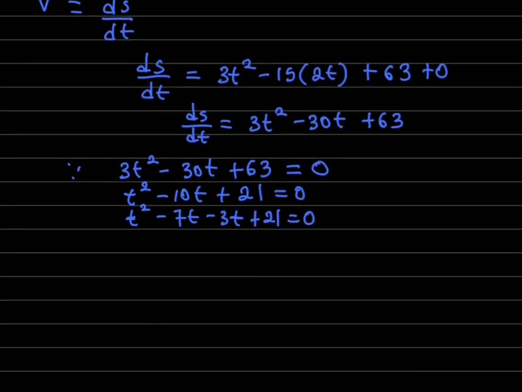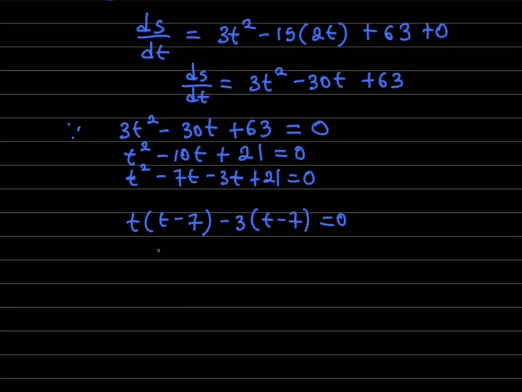I'm factorizing now. So we have, picking the first two, t into t minus 7, then minus 3 into t minus 7 is equal to 0. So we have t minus 3 and t minus 7 is equal to 0.